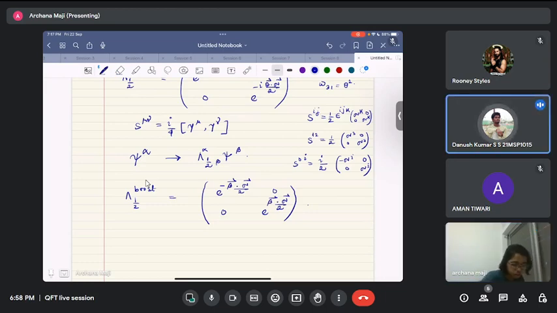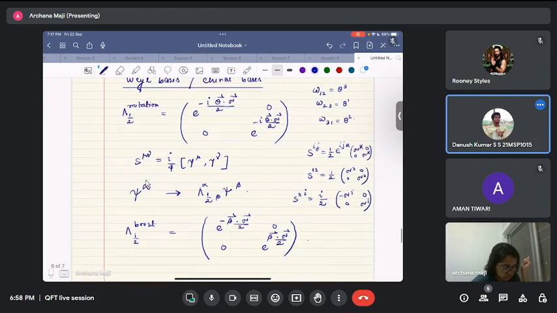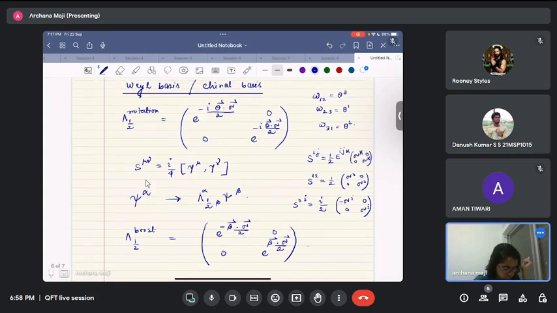So the exponential term above, everything is a dimensionless quantity, right? I'm just talking about both the terms, the theta dot sigma and beta dot sigma. Both things are dimensionless quantities, right?